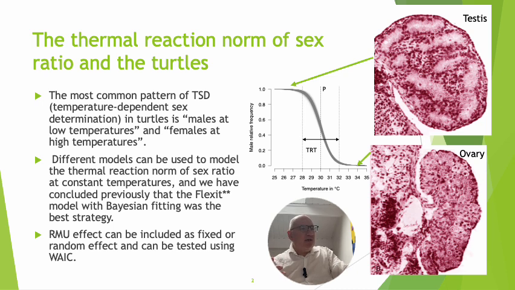The RMU effect can be included as a fixed effect or random effect, but we concluded that fixed effect was the best solution, and it can be tested using WAIC. Other models can be implemented. For example, we saw the stairs model, but at this time we don't have a possibility to choose between flexed double star or stairs model.